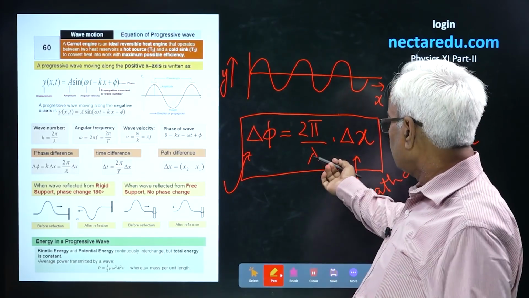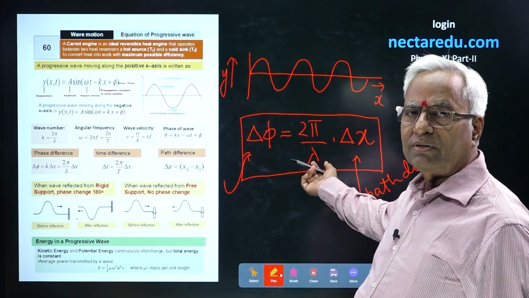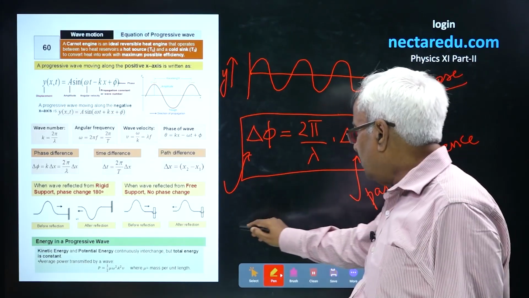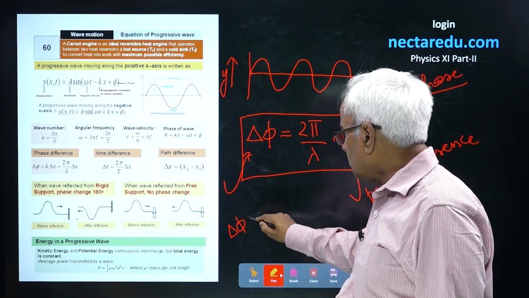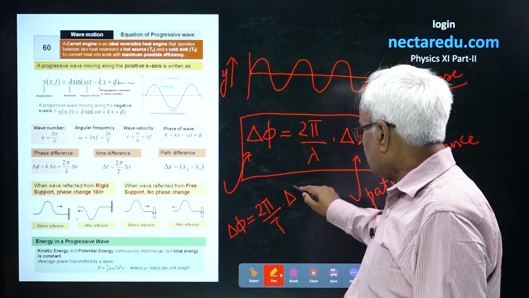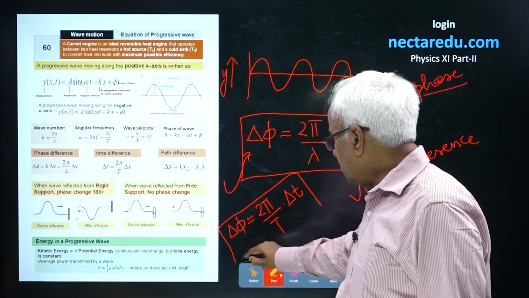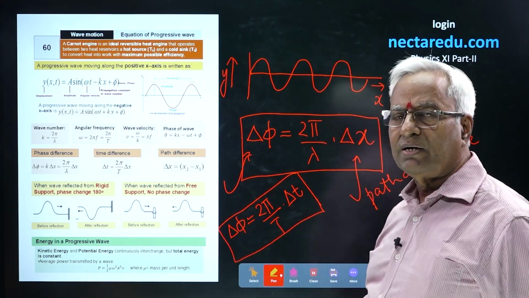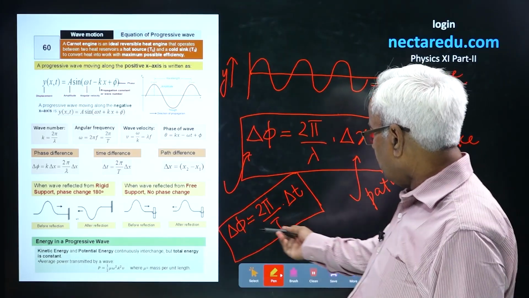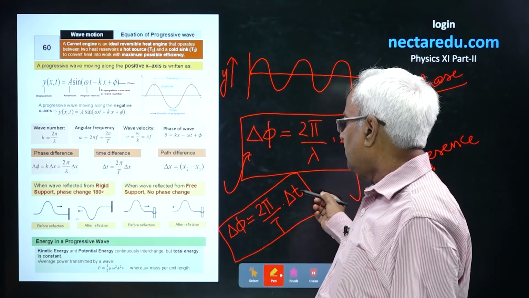Lambda is wavelength, measured in meter. Similarly, phase difference is also measured in terms of time interval, that is Δt. Here capital T is time period. Phase difference is measured in radian, and these in second.